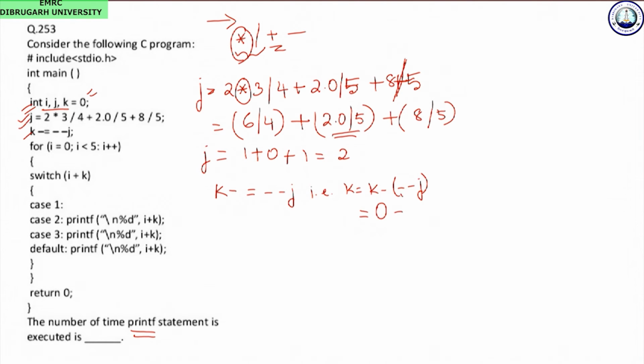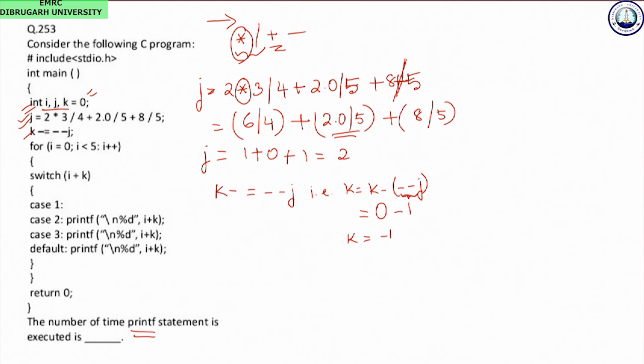As it is a pre-decrement operator, first it will be reduced, so minus 2 it will be 1. So your answer for k is minus 1.